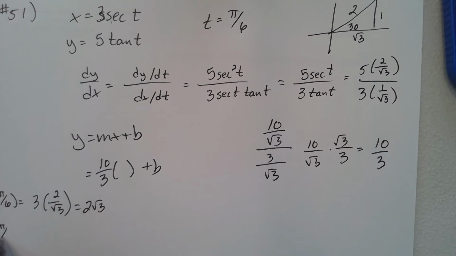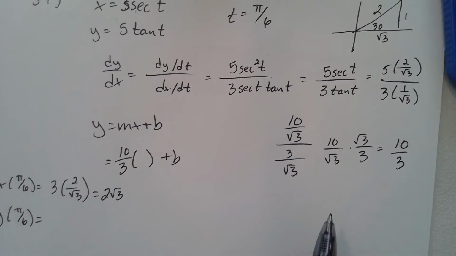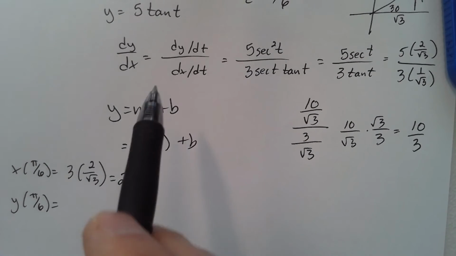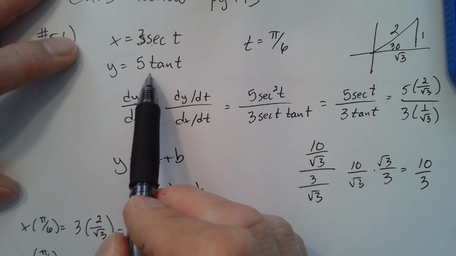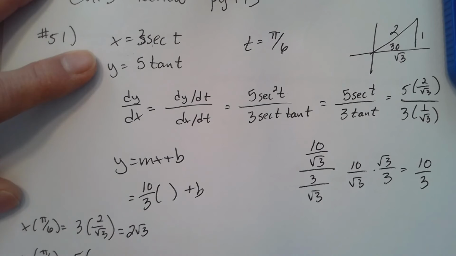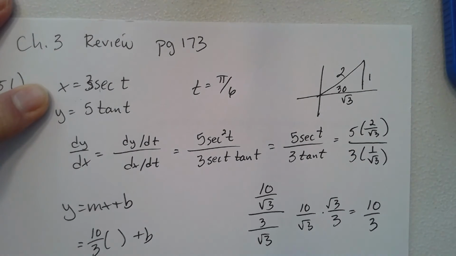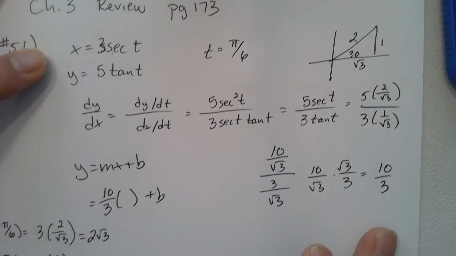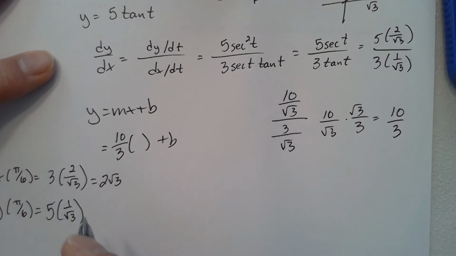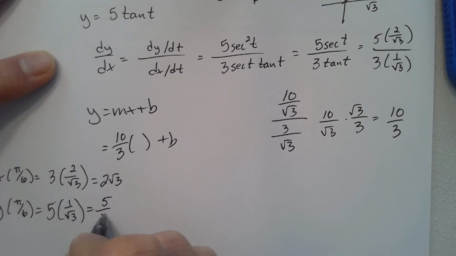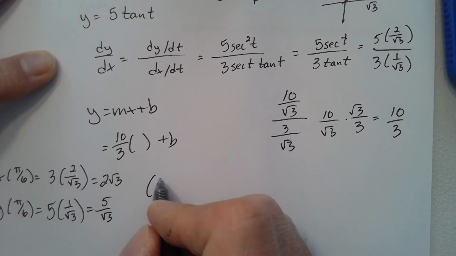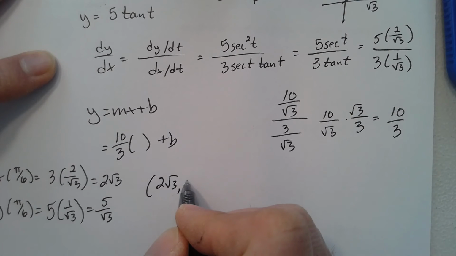Y of pi over 6: plug pi over 6 into our y equation. So 5 times the tangent of pi over 6, which is 1 over square root of 3. So that is 5 over square root of 3. So our x, comma, y.